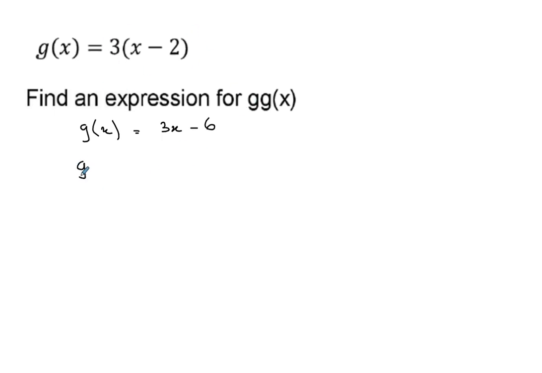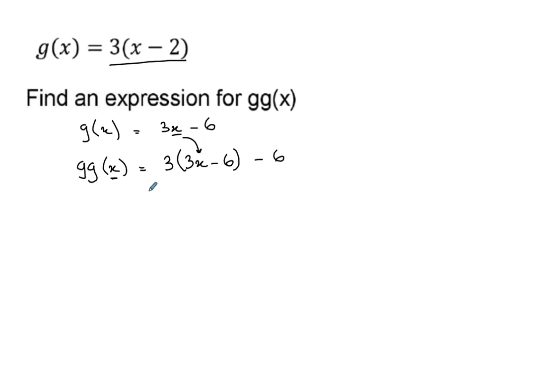So gg(x), wherever you have your x, you put that in there. So we're going to go 3, and instead of the x, we're going to put the 3x minus 6. Can you see that becomes your new x? And then minus 6. So that becomes that.